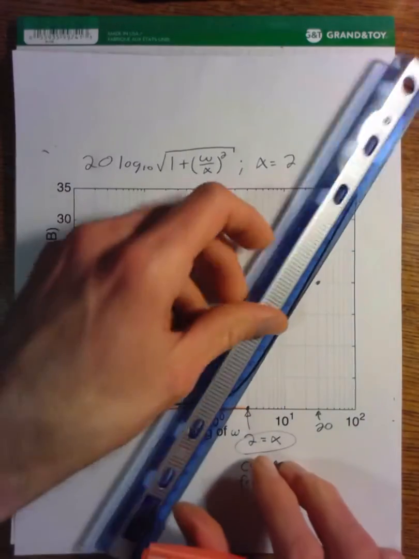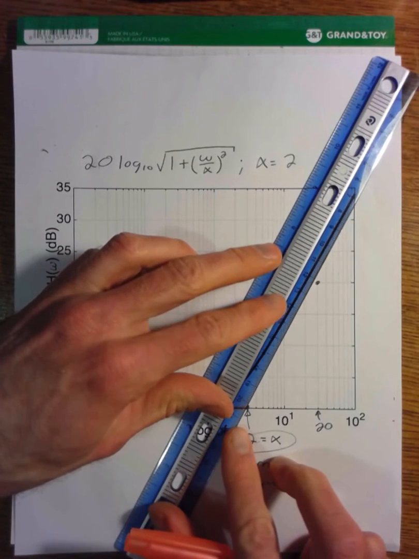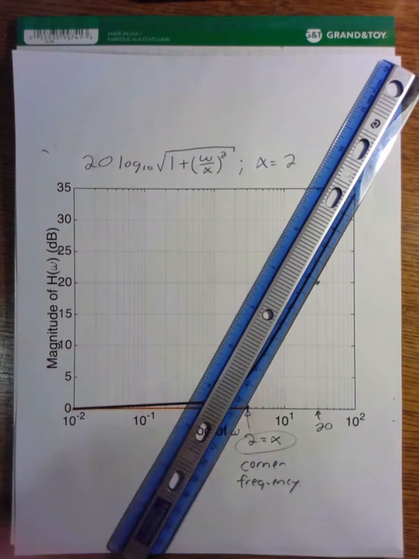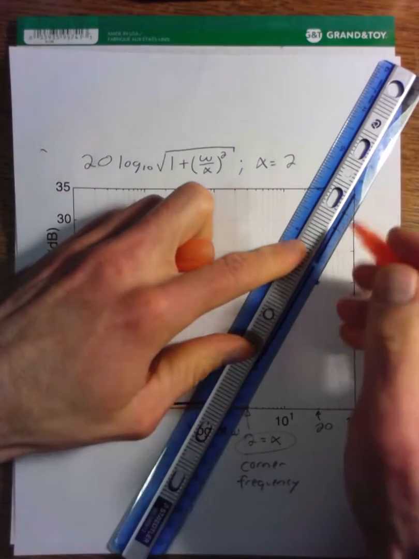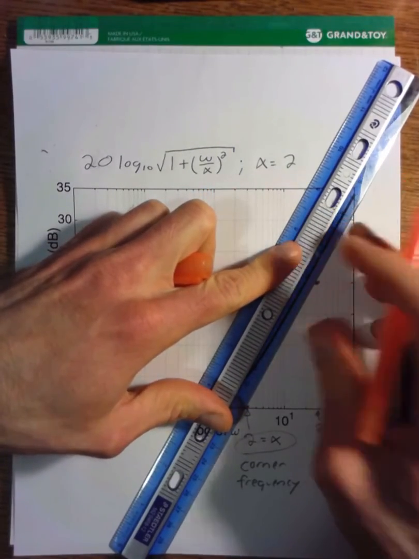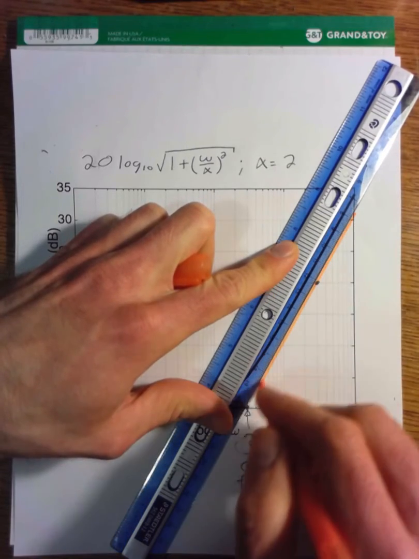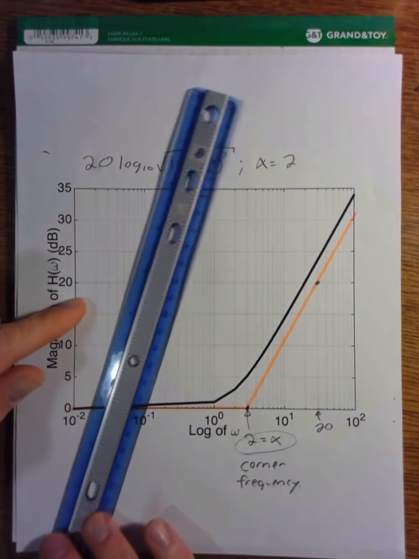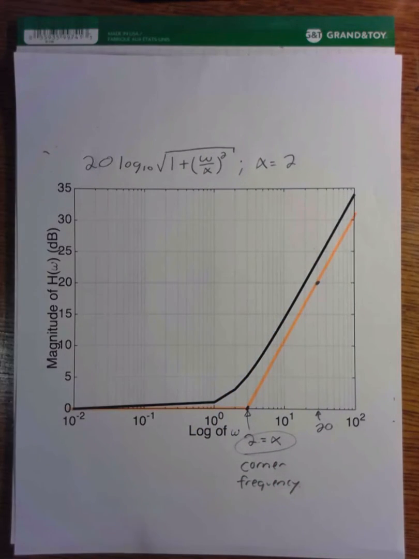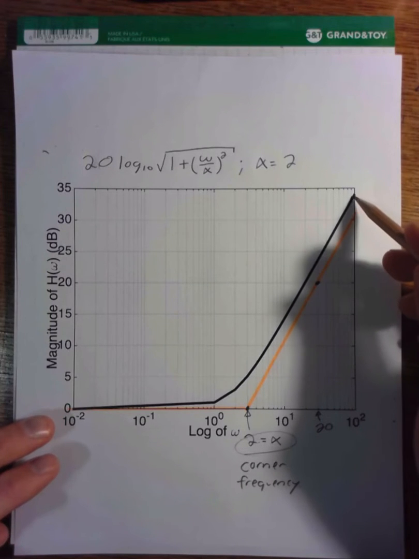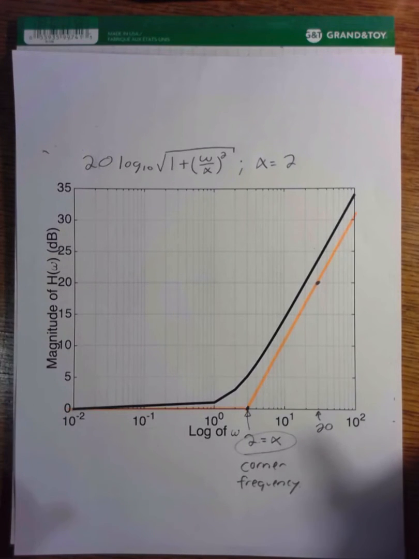And then if we connect those dots, it looks like that. You can't see it very well on this plot, but this line would gradually start to approach that line.